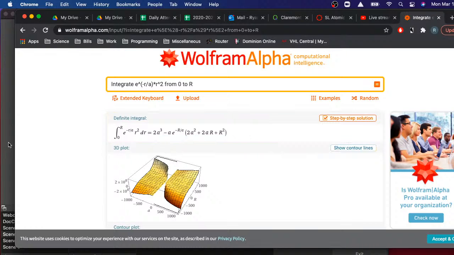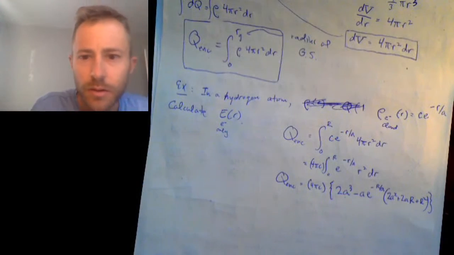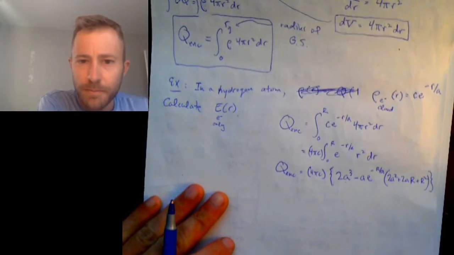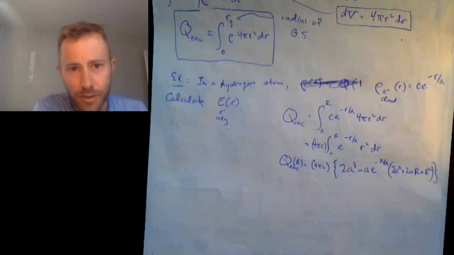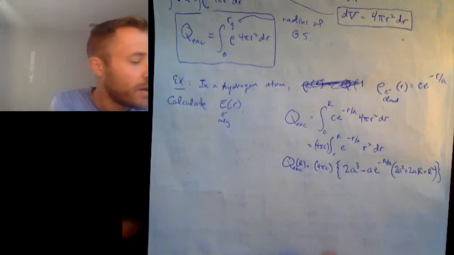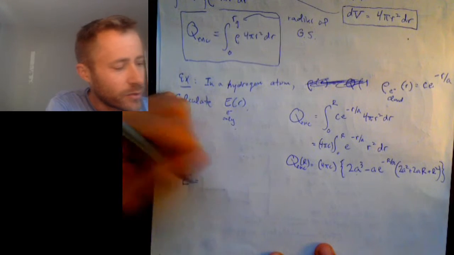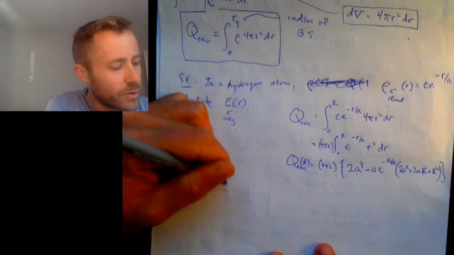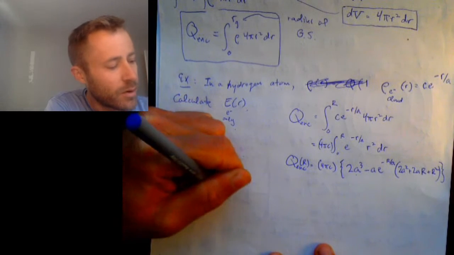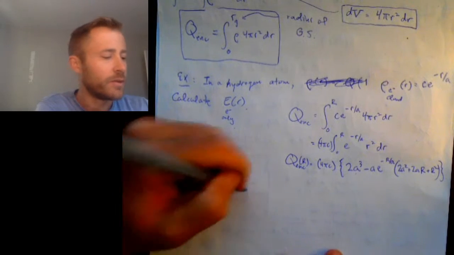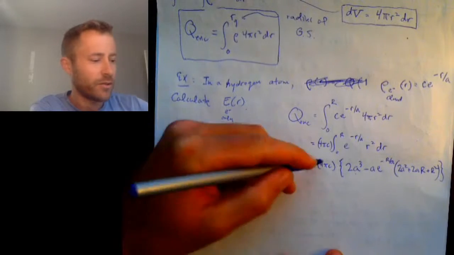Okay. So I wrote down the answer. That's the charge enclosed as a function of the radius of the Gaussian surface. And then I plug that into Gauss's law, which says that the charge enclosed over 4 pi epsilon naught r squared is the electric field. So the 4 pi's are going to cancel out.